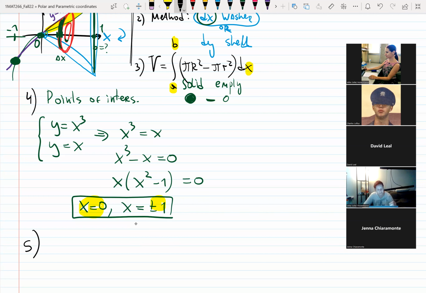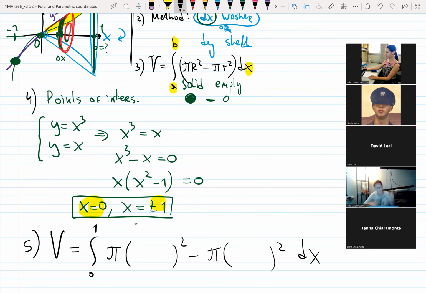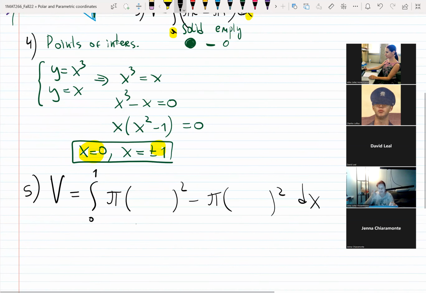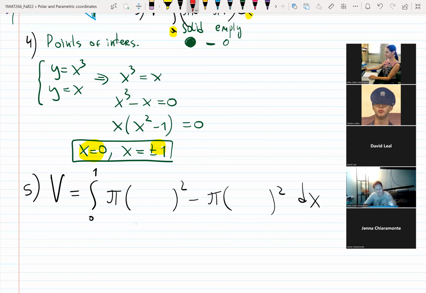Step 5, we can start building the integral. V is from 0 to 1. Nice. Pi r squared minus pi r squared dx. Each r is the area between graphs. Since we're working with the x case, the area between graphs gives you the top minus the bottom.